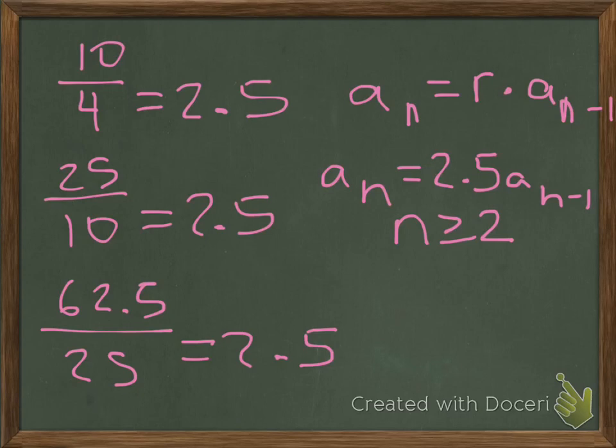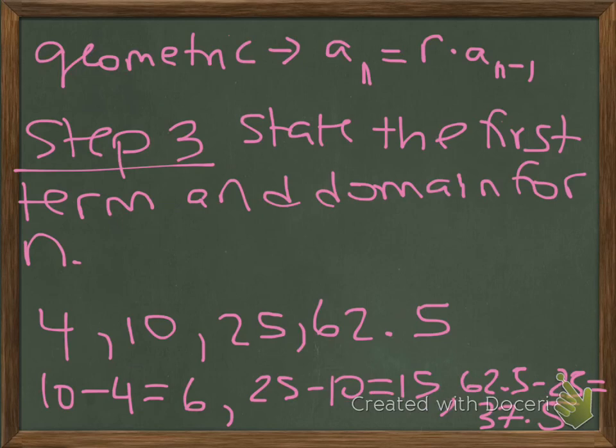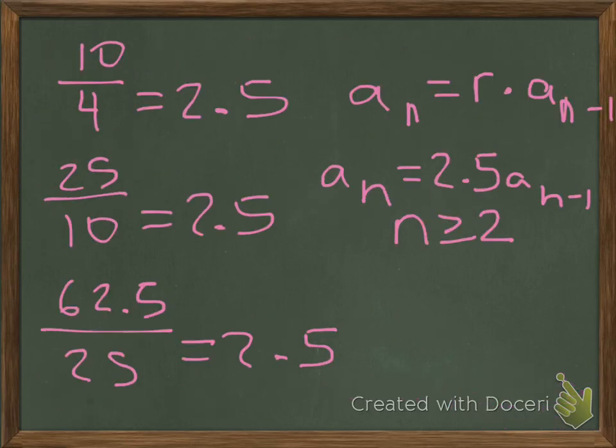And then it also asks for, notice it asks for our first term and our domain. The domain is what I'm talking about there with the n is greater than or equal to 2. The reason why it does that is because if you have n minus 1, if you do anything that's less than 2, you're not going to get an actual term number.